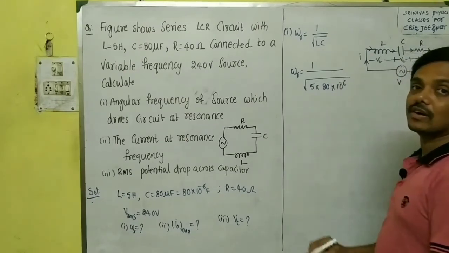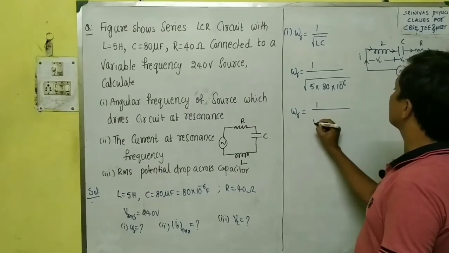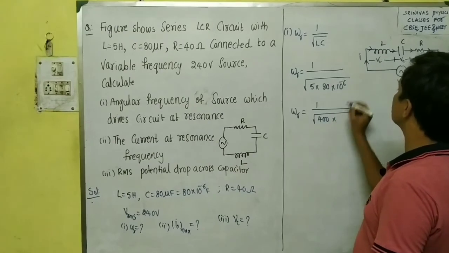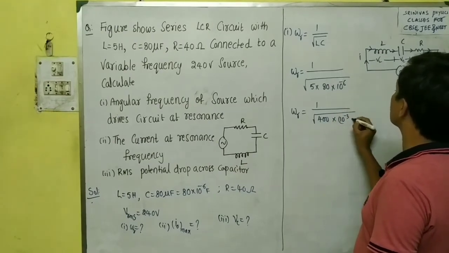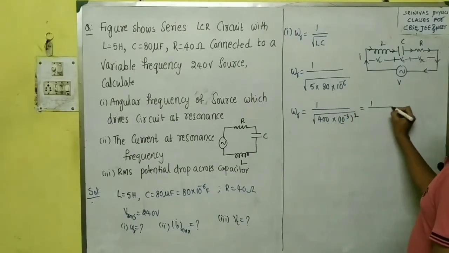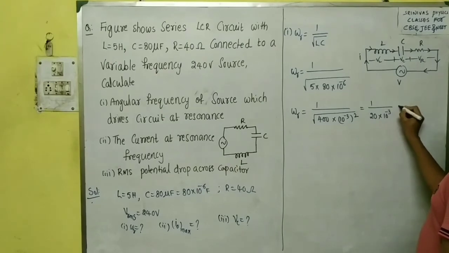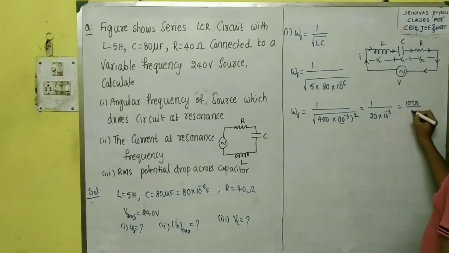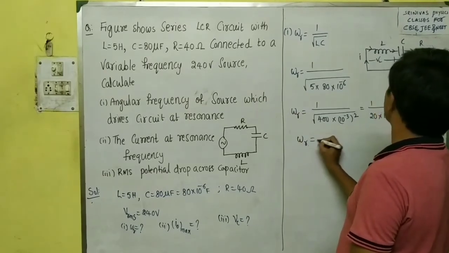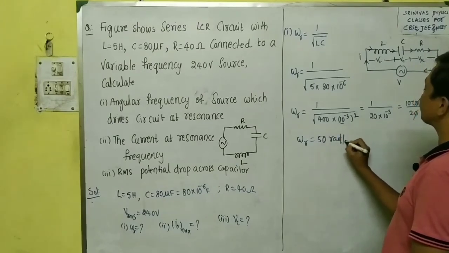Simplifying, 5 into 80 is 400, into 10 to the power of minus 6, so 1 by root 400 into 10 to the power of minus 3, which is 1 by 20 into 10 to the power of minus 3. This becomes 1000 by 20, and the resonating frequency we get is 50 radian per second.